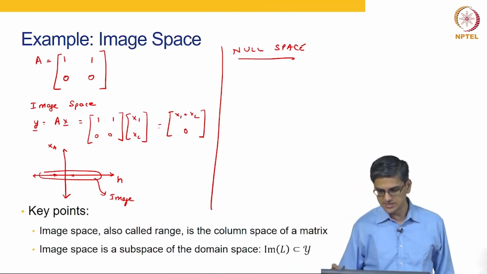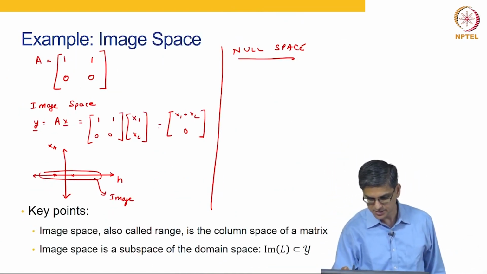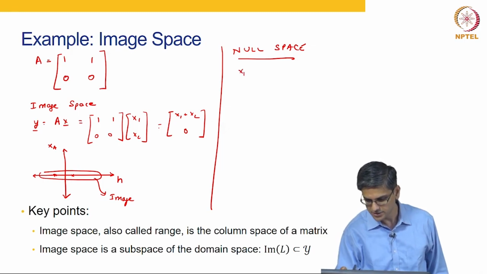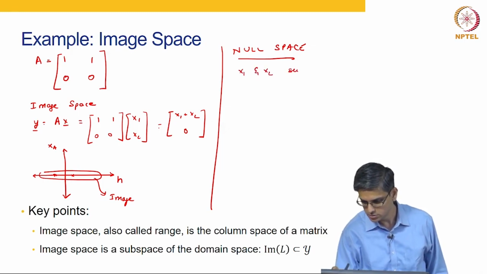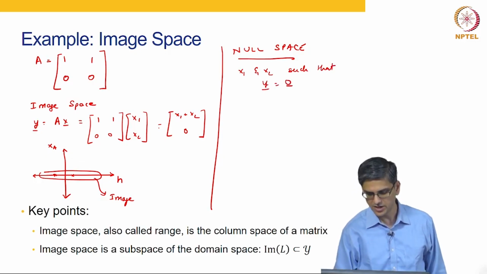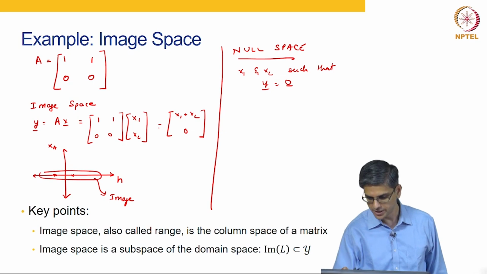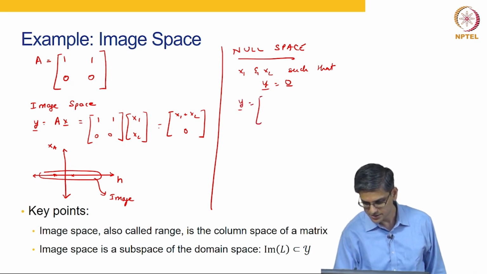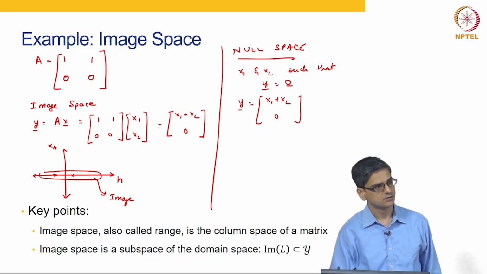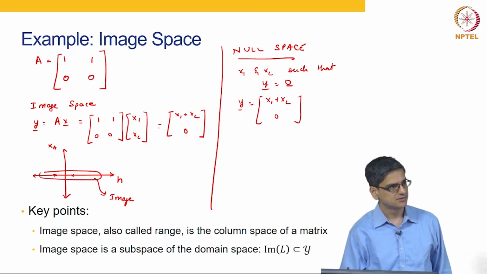So, what is null space? Null space is the entire set of x1 and x2 such that y bar equal to 0 bar. Y bar is x1 plus x2, which is 0. So, what is the null space?